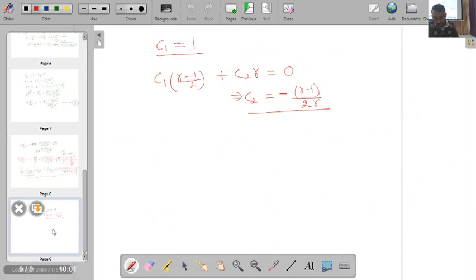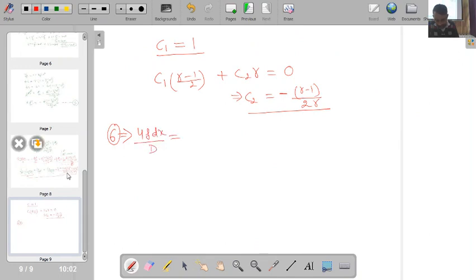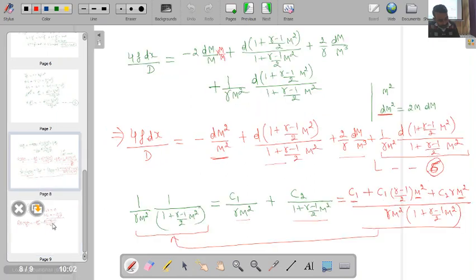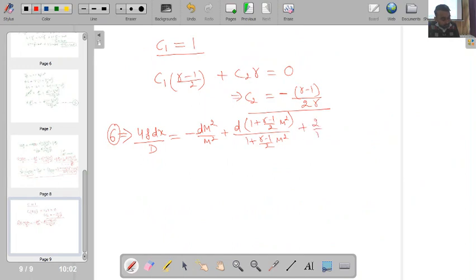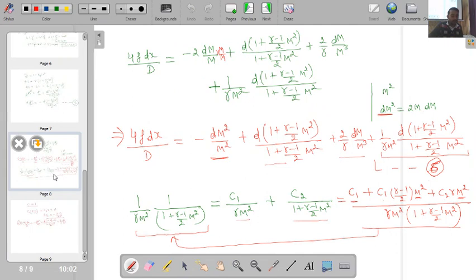So if I do so, my equation number 6 will become 4f dx by d equal to minus of dm square by m square plus d of (1 plus (gamma minus 1) by 2 m square) divided by (1 plus (gamma minus 1) by 2 m square) plus 2 by gamma dm by m cube, and then I have actually plus.